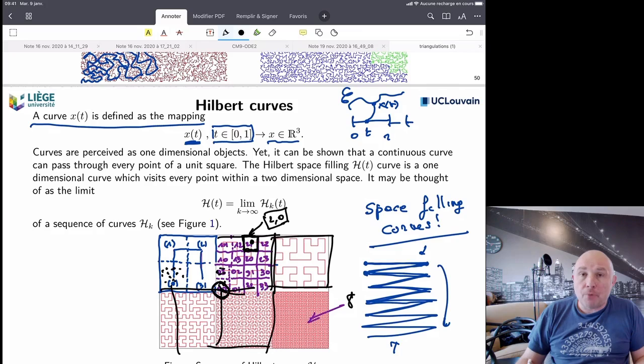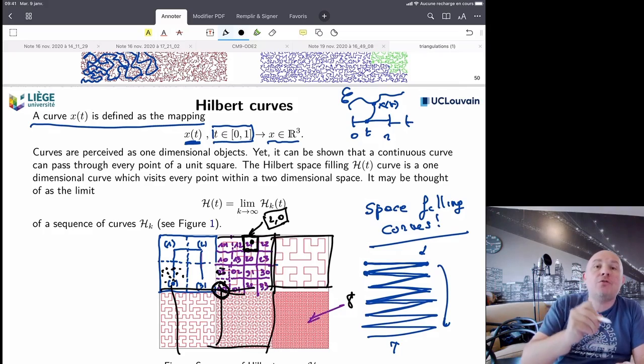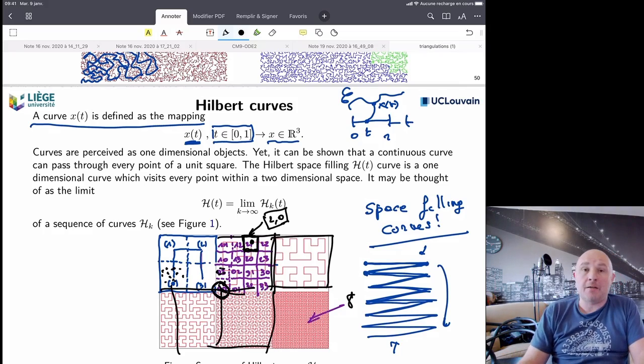Then 2 points that are consecutive in the list will be close geometrically, which means that if you sort the points and you apply the naive Delaunay triangulation algorithm, the number of walks that you are going to do will not be of the order of the square root of n, it will be constant, which means that the Delaunay algorithm, when the points are sorted, is linear in time.